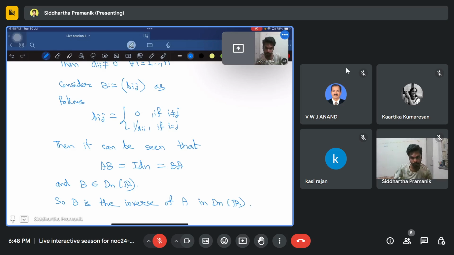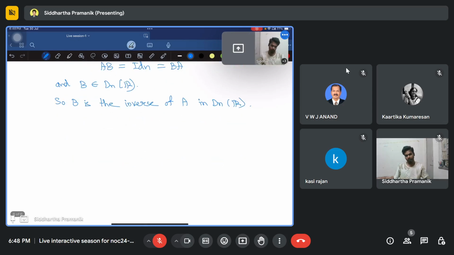So that means every element of DNR has an inverse in DNR, and the associativity also holds because it is a subset of GLNR.